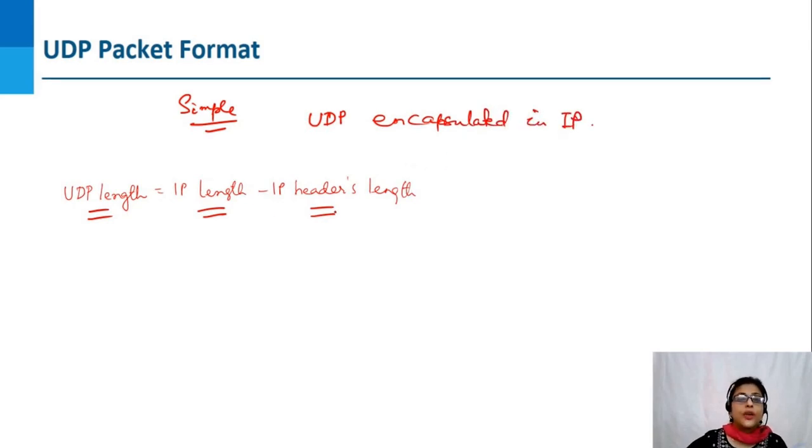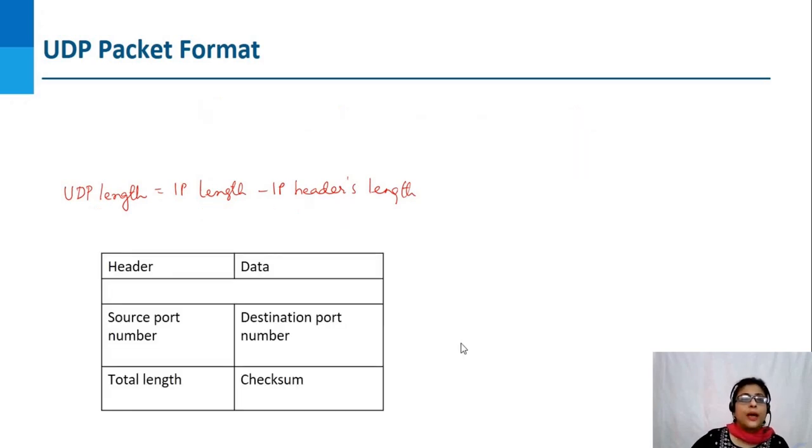So if you subtract the IP header length from the IP length, then you get the UDP length. UDP packet format consists of the header part and the data part. You see here the header part consists of 8 bytes of data, and the header part can be understood clearly.